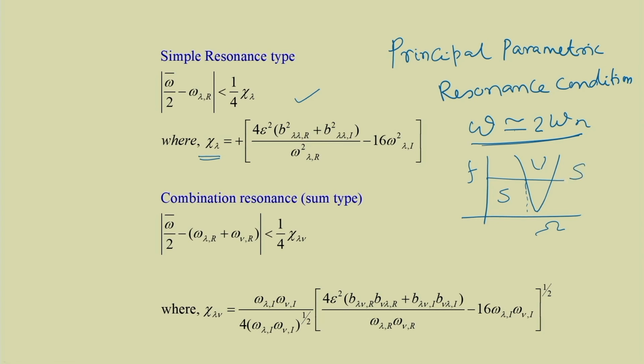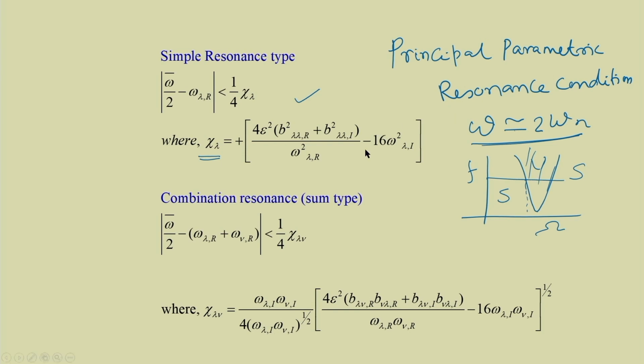If you want a vibration free system, you must operate in a zone where it is stable for both values of f and omega. If you operate in this zone, the system response becomes unstable. This is known as the parametric instability region.